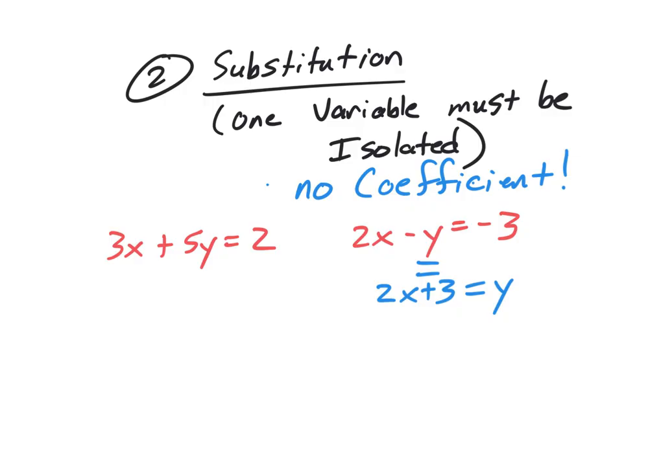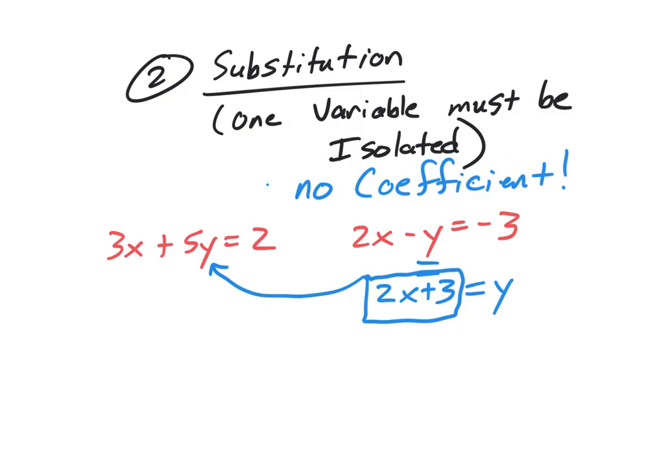Once we have a variable by itself, we're going to take this expression and plug it in for y over here. We're going to substitute it in. That's why we call it substitution. We're going to take this whole thing and put it in where y is, because those two are equal to each other. If I told you that y was 4, I could take 4 and plug it in for y.